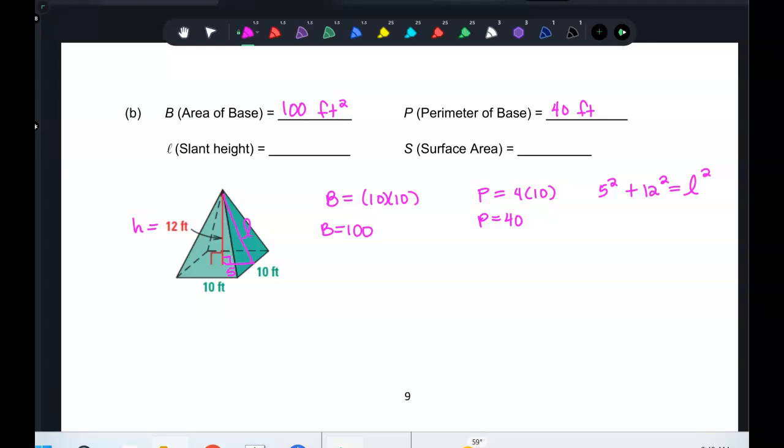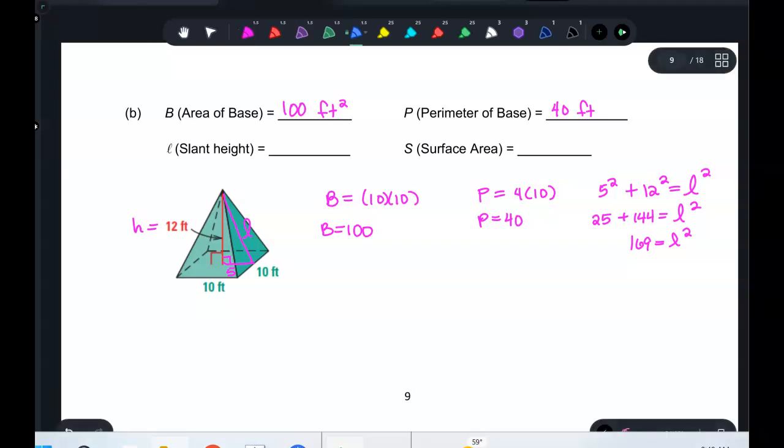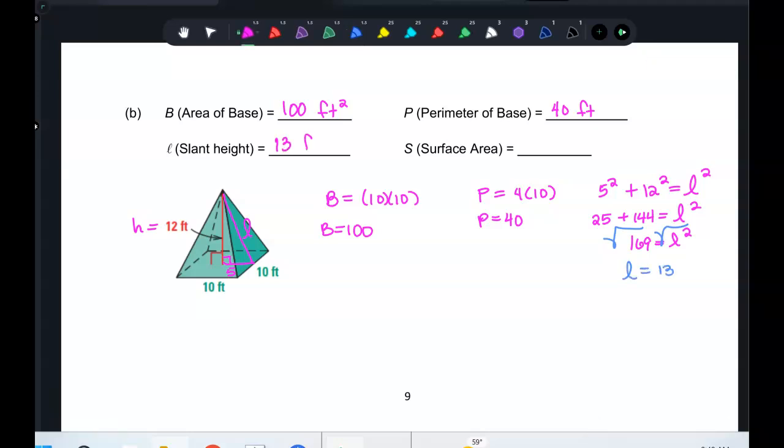Now we're doing the Pythagorean theorem to find the slant height. Here we get 25 and 144. This actually works out nicely because when we take the square root, we get 13. That's the slant height.